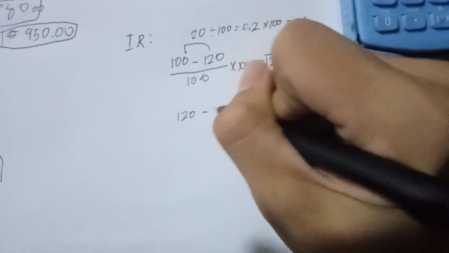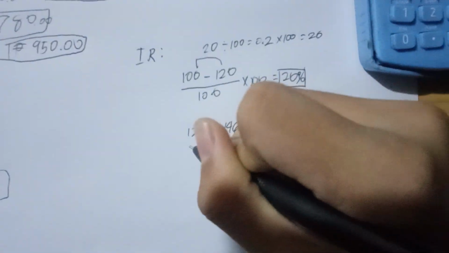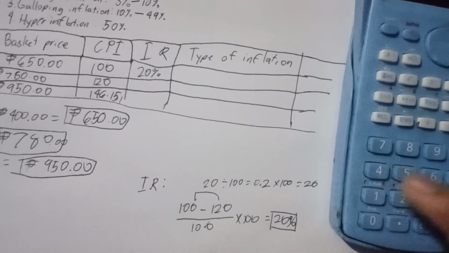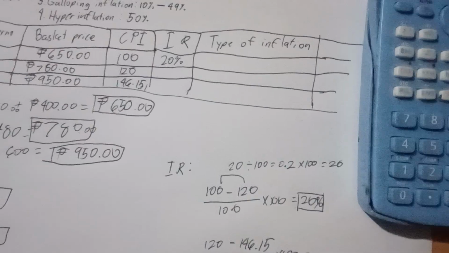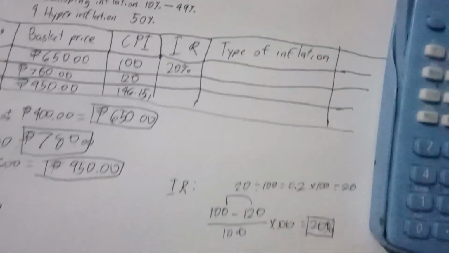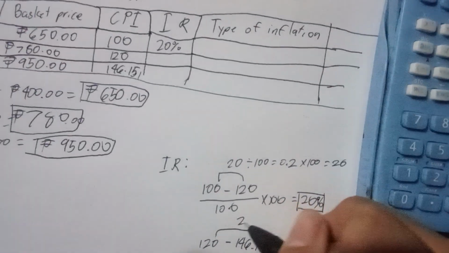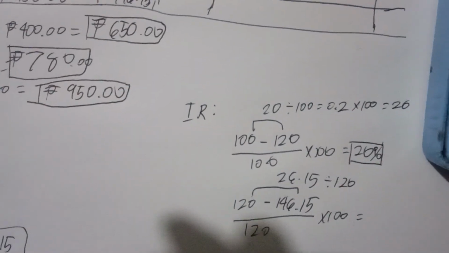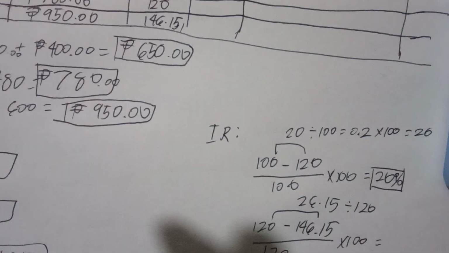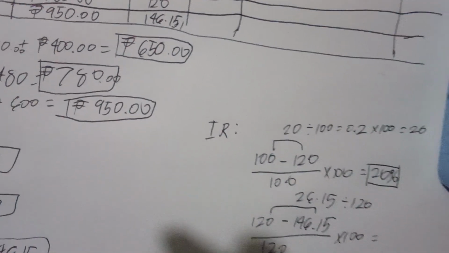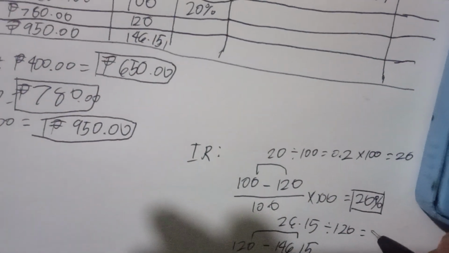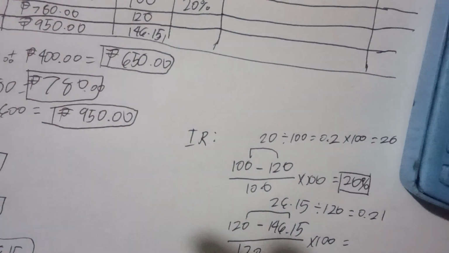So it's 146.15 minus 120, divided by 120, times 100. 146.15 minus 120 is 26.15, and now we have to divide it by 120. 26.15 divided by 120 is 0.21, times 100.